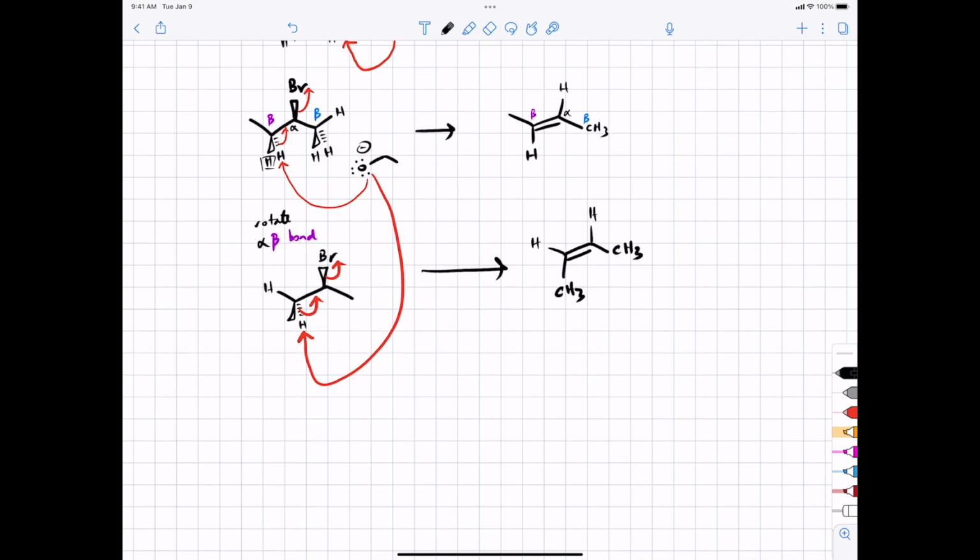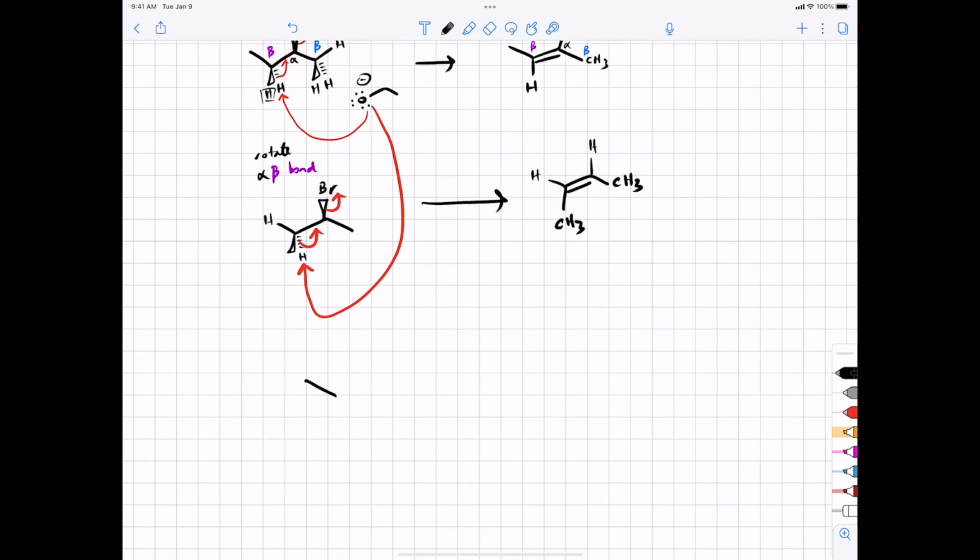The question is, what if one of these 2 hydrogens were a methyl group or ethyl group or something else? If you only have one beta proton on that side anyway, then there's only one possible elimination product.